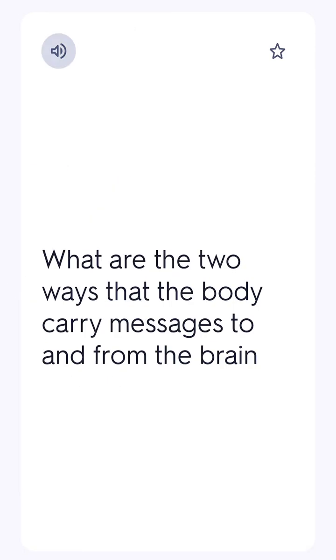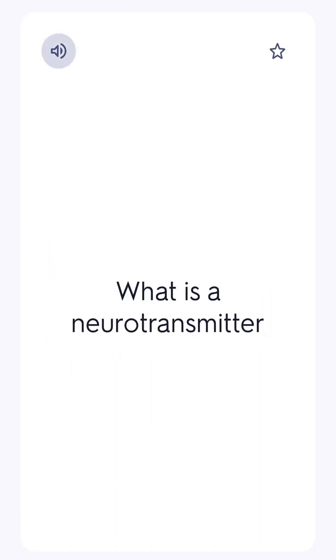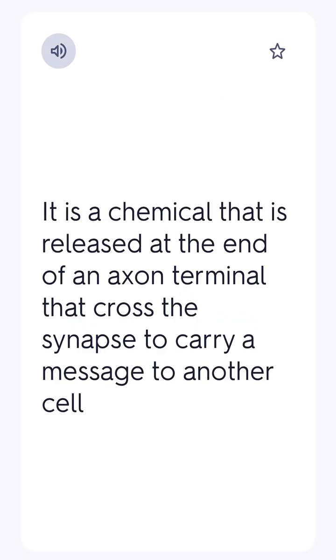What are the 2 ways that the body carries messages to and from the brain? Electrical impulse and neurotransmitters. What is a neurotransmitter? It is a chemical that is released at the end of an axon terminal that crosses the synapse to carry a message to another cell.